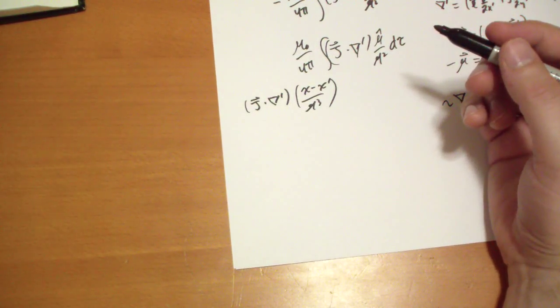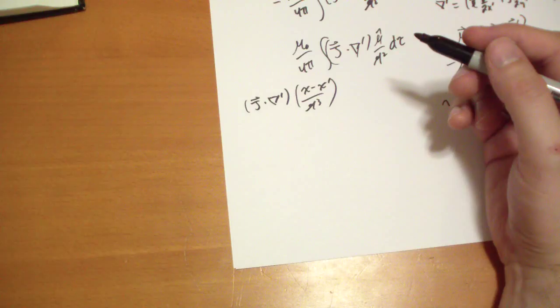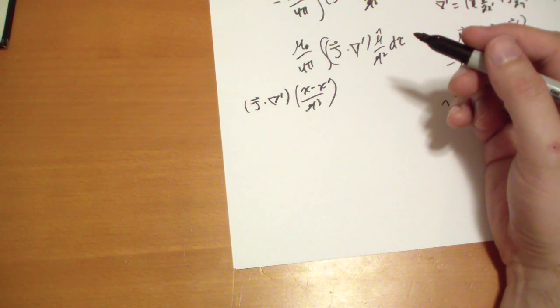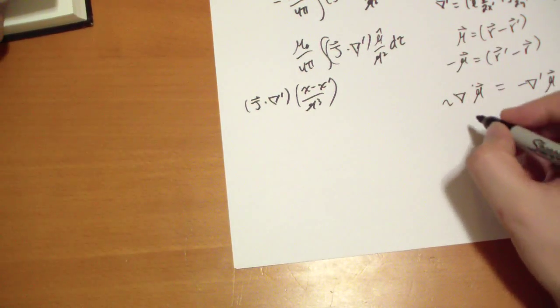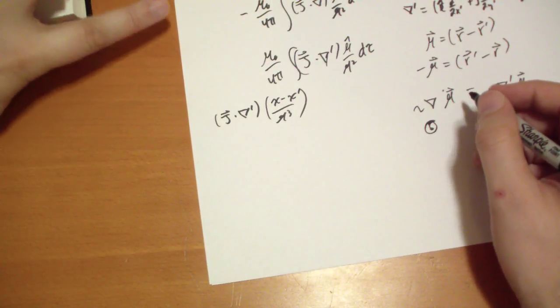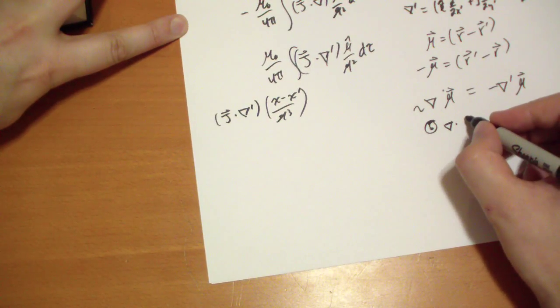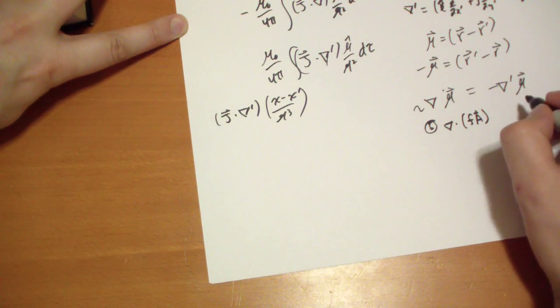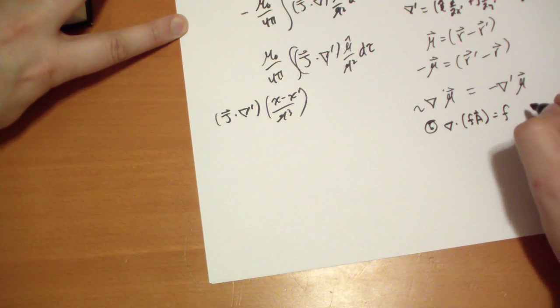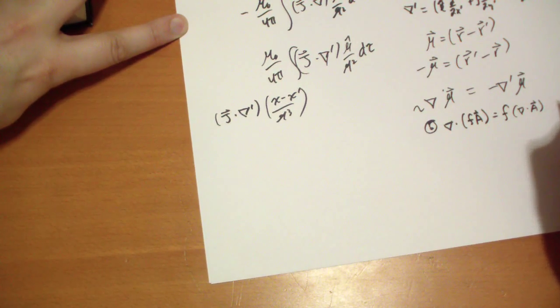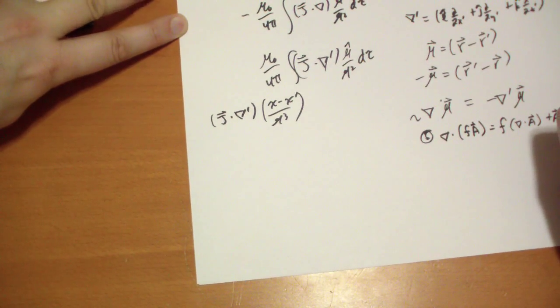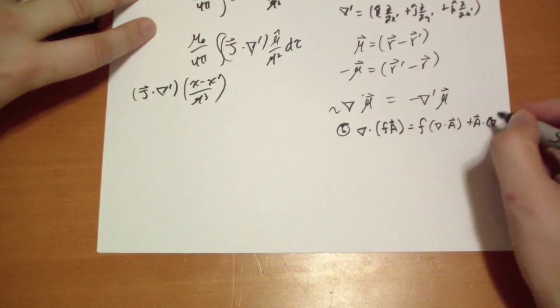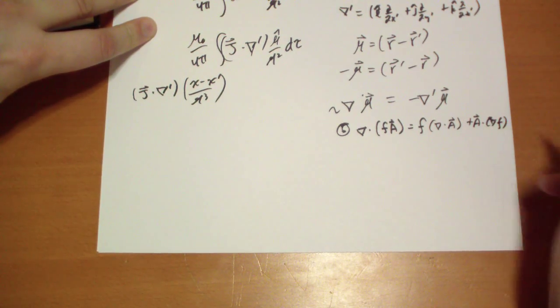So let's use product rule number 5. We seem to use 5 more than anything else. Number 5 states that the divergence of some scalar function times some vector is equal to that scalar function times the divergence of that vector plus that vector dotted with the gradient of that scalar function.